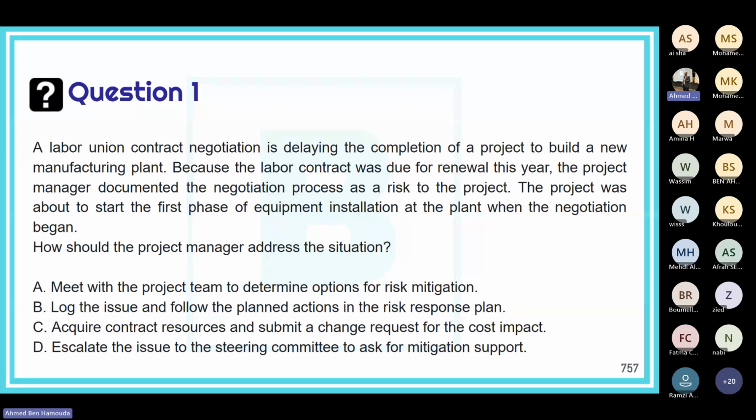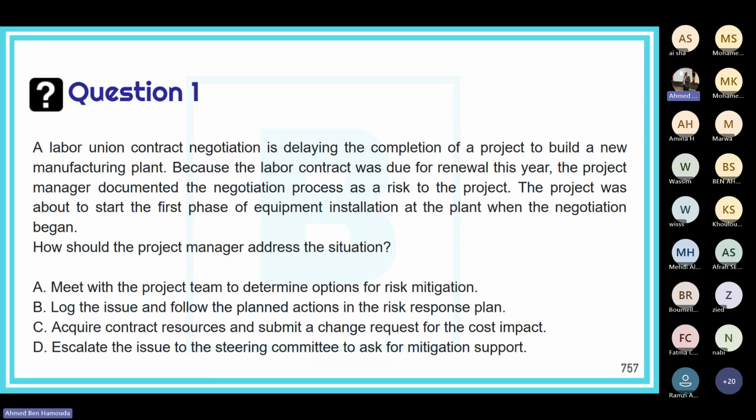How should the project manager address the situation? Meet with the project team to determine options for risk mitigation, log the issue and follow the planned actions in the risk response plan, acquire contract resources and submit a change request for the cost impact, or escalate the issue to the steering committee to ask for mitigation support.